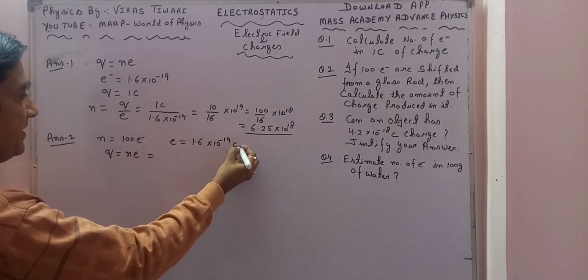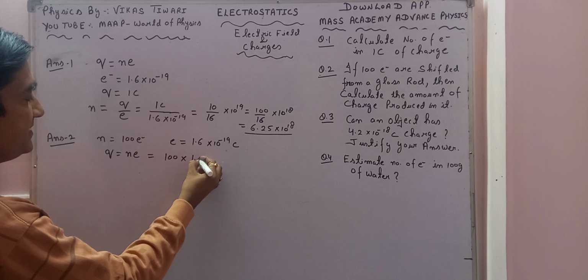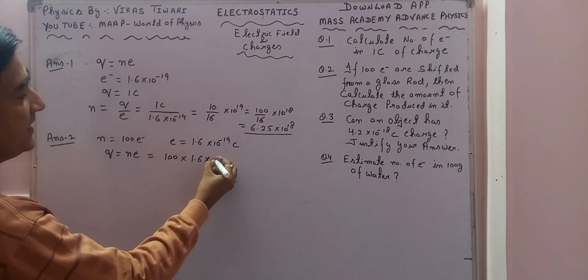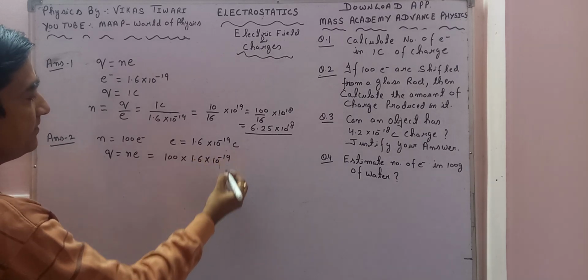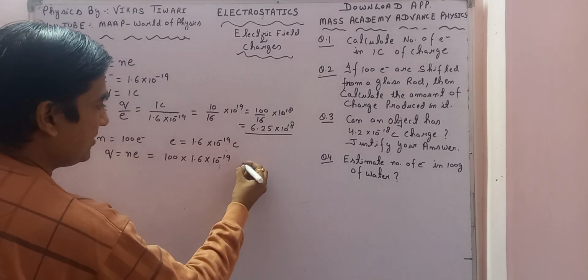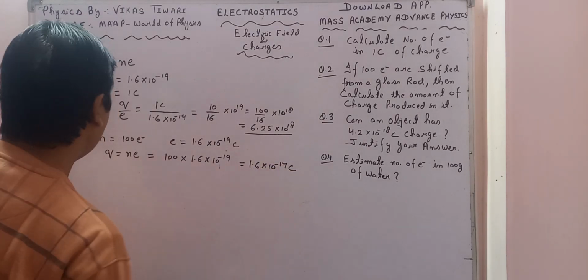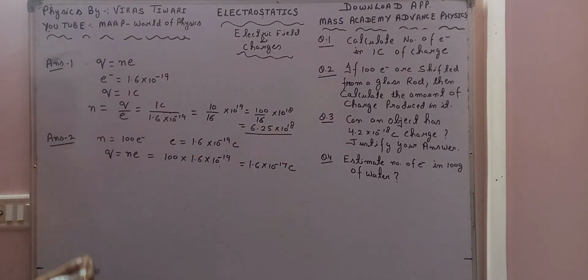So Q is equal to 100 times 1.6 into 10 raised to power minus 19. By solving this, the value is equal to 1.6 into 10 raised to power minus 17 Coulomb. So this is the answer for this second question.